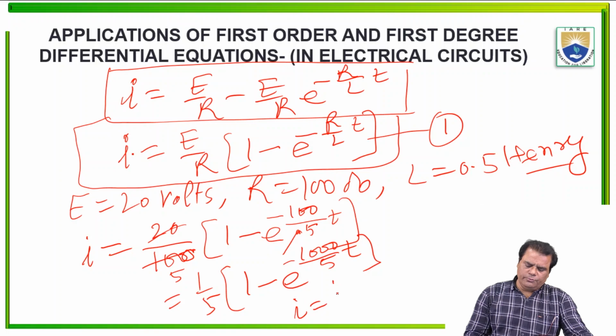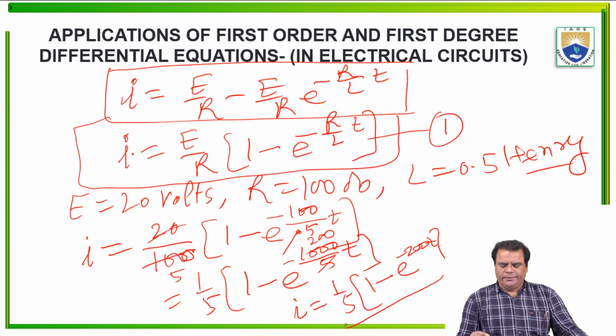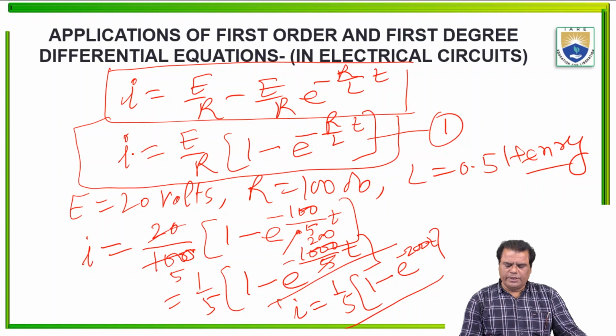So I equal to 1 upon 5 times 1 minus e to the power minus 200t. This is the value of I. Okay, this problem is solved.